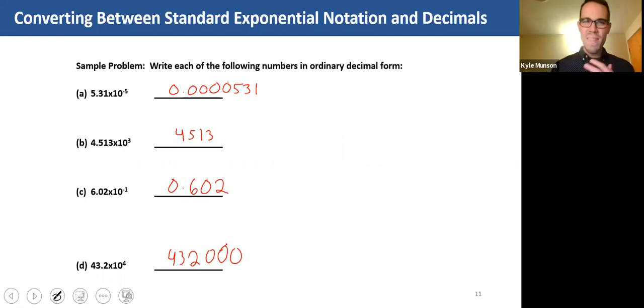So again, this is how we can go. Just type it into your calculator and you should get the answer. Then to check, go back through and convert the number back to exponential notation.